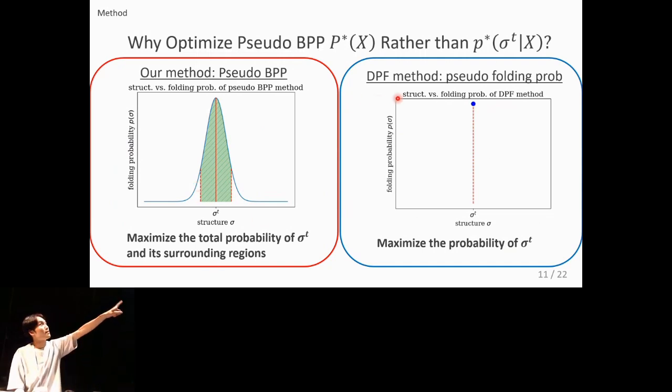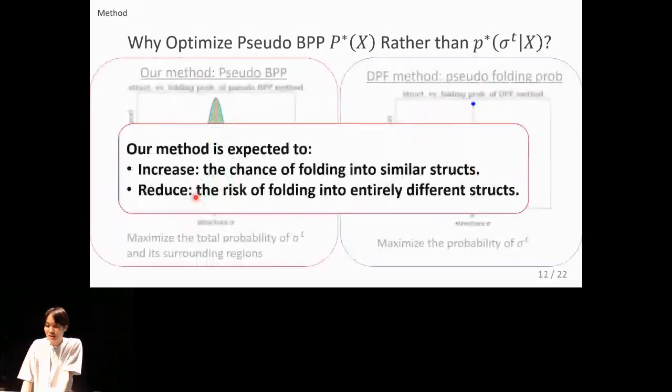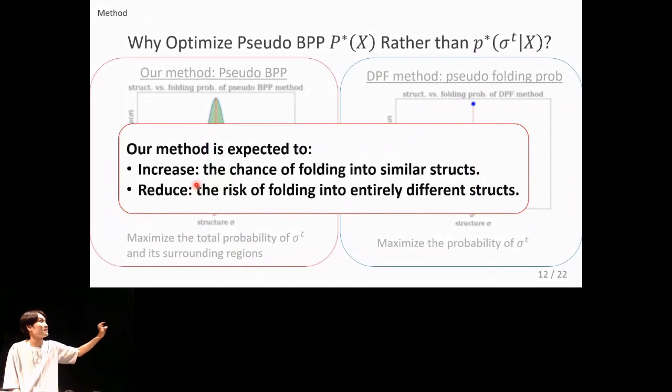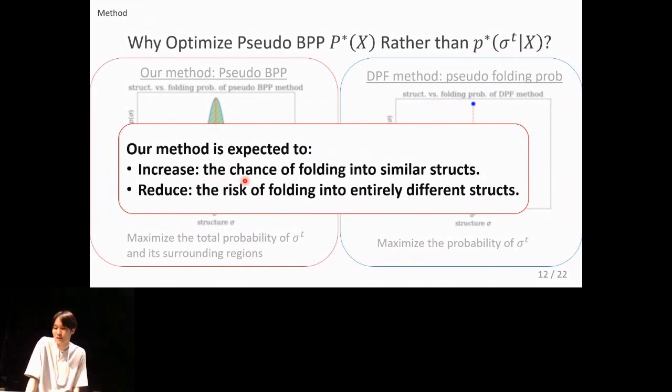Unlike the DPF method, which maximizes only the target structure's folding probability, our method maximizes the total probability of nearby structures. Therefore, our method is expected to increase the chance of folding into similar structures and reduce the risk of folding into entirely different structures.